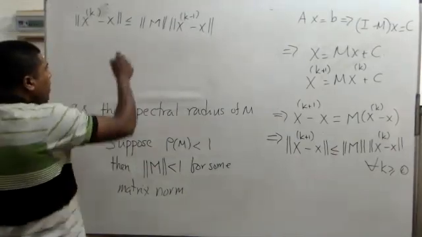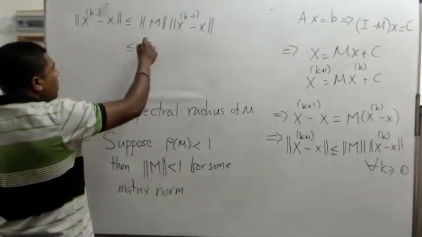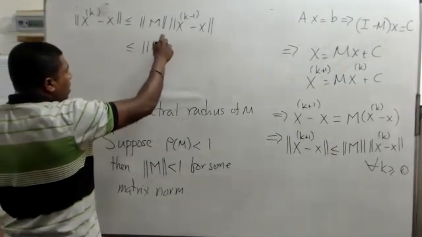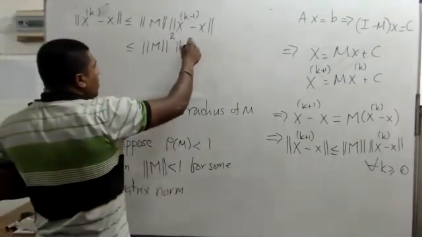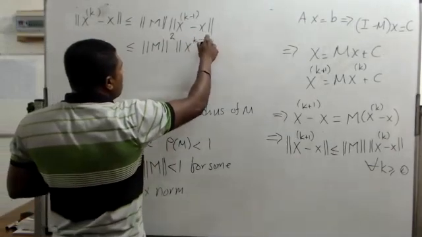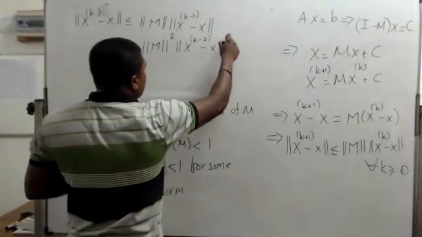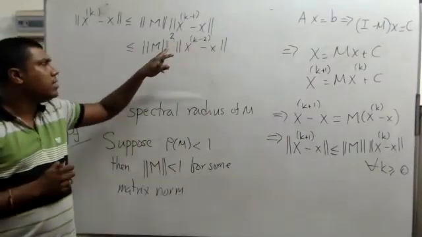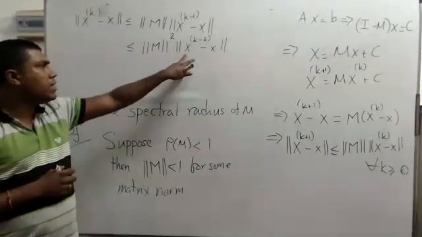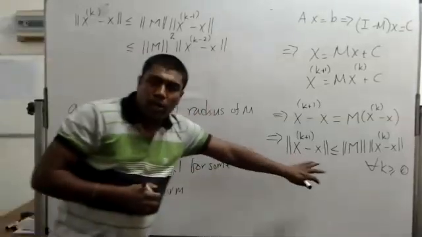So if you apply, you get M squared times ||x_{k-2} - x||. Same argument.